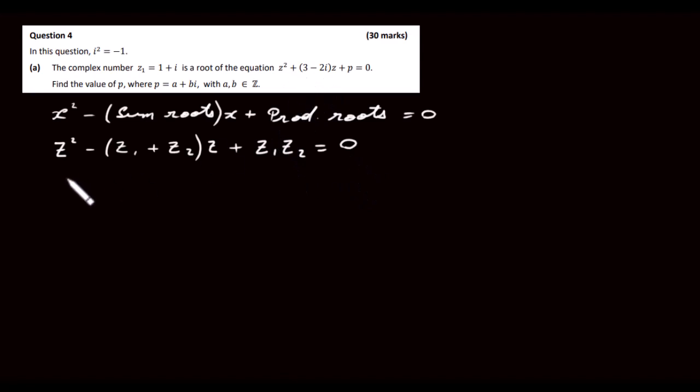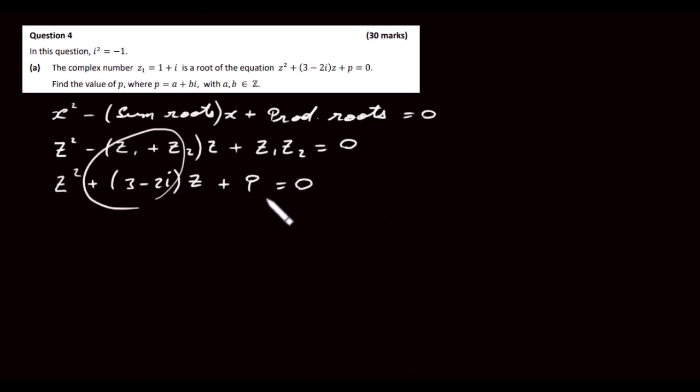Now we do know that one of our roots is 1 plus i, so that's going to be handy here. Remember, our complex quadratic equation is z squared plus 3 minus 2i times z plus p is equal to 0. So what we can do here is equate these and these here.